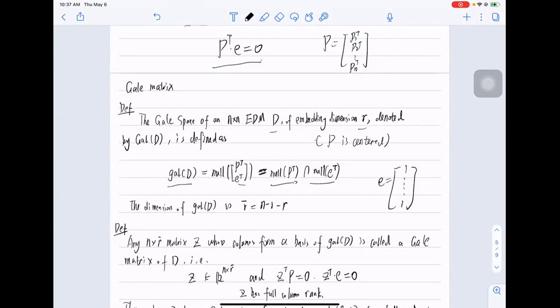Because P transpose times E is 0, the null space of E transpose contains the range of P. Therefore, it does not contain the null space of P transpose.